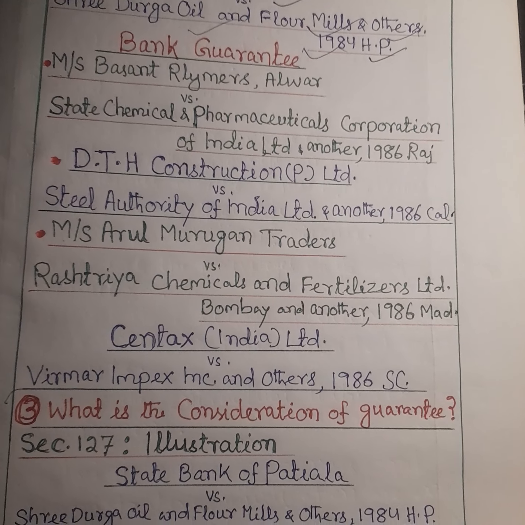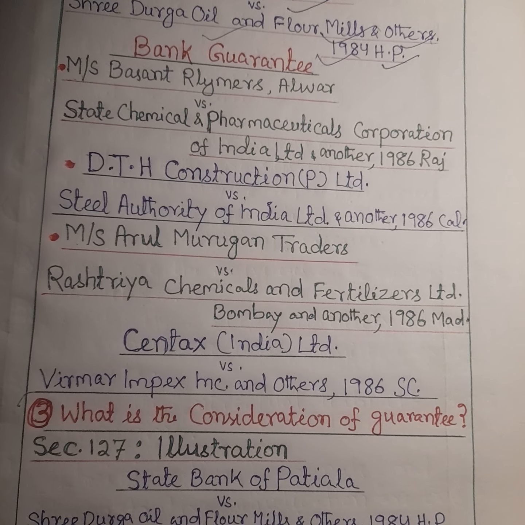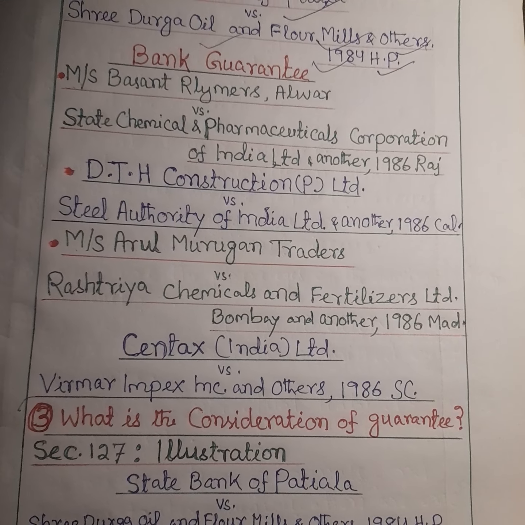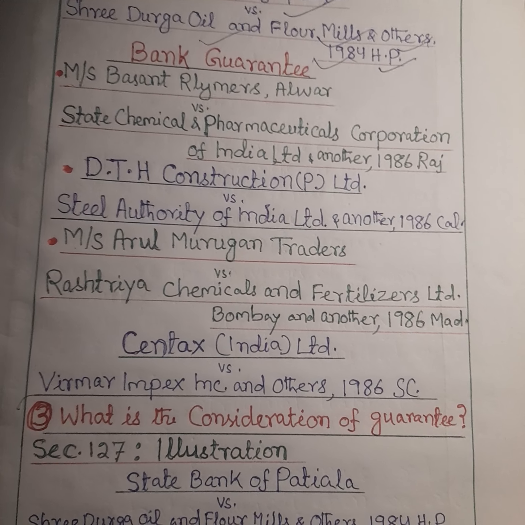So the very letter was sufficient to prove that they were guarantors for the repayment of the loan and created an equitable mortgage by depositing the title deeds.